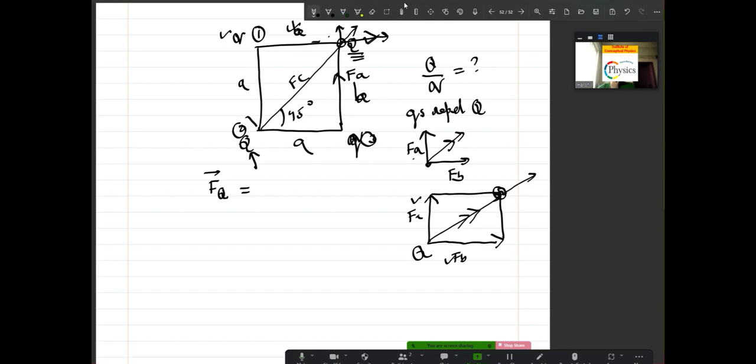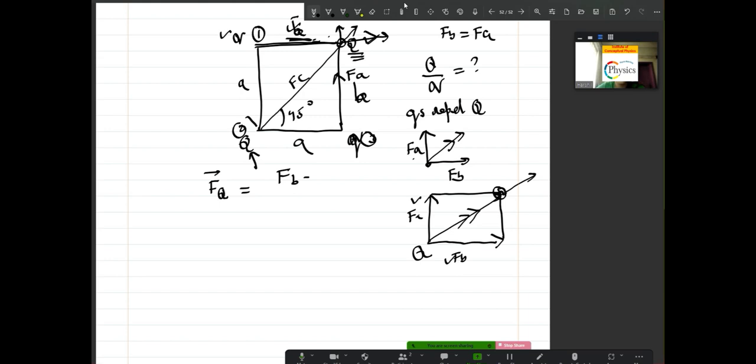The magnitude of FB is the same as FA, but both are perpendicular to each other because the distance is the same and the charges' product is the same.